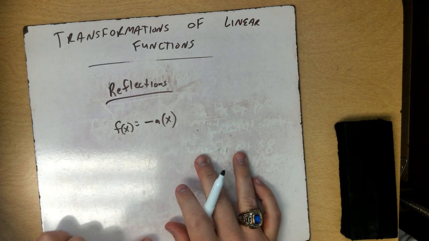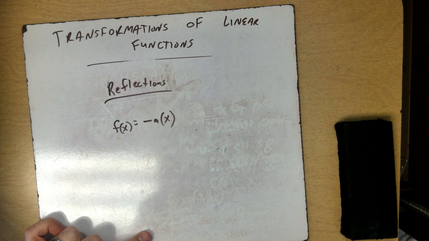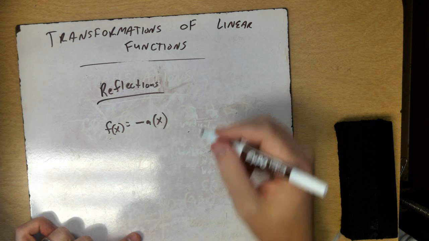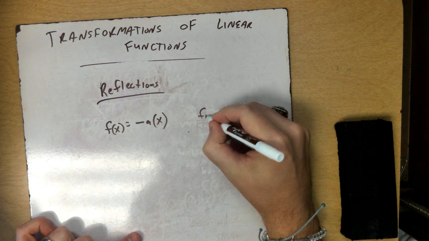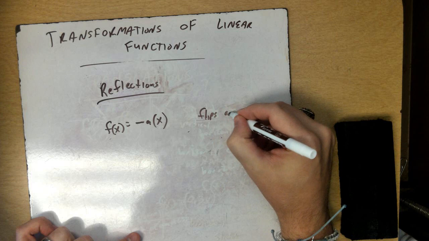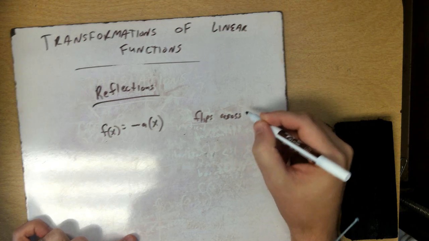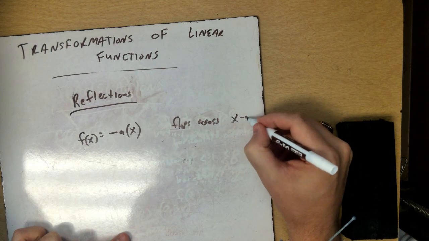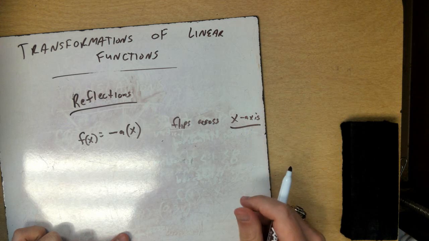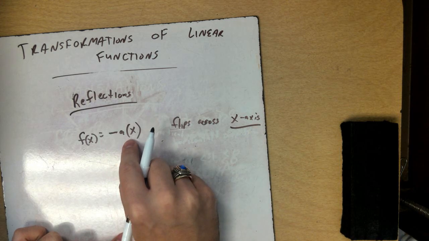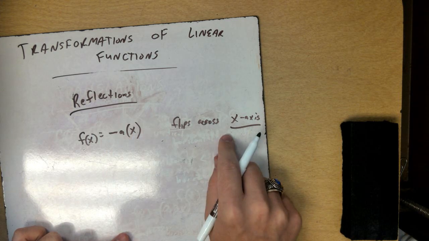So if it's negative a, right, it means we're going to flip across the x axis, okay? So if this is the x in parentheses with the negative in front, it flips across the x.